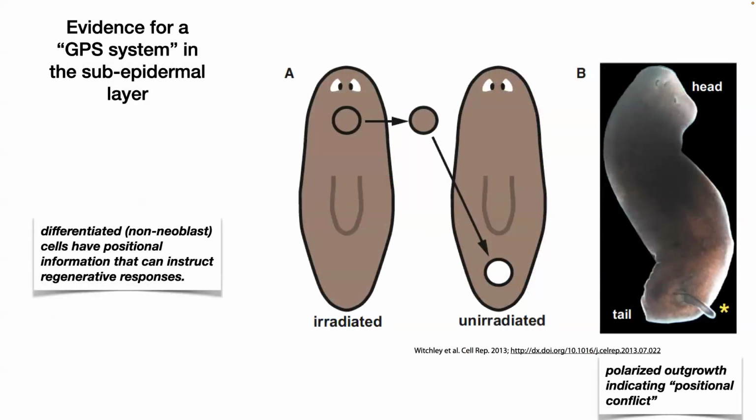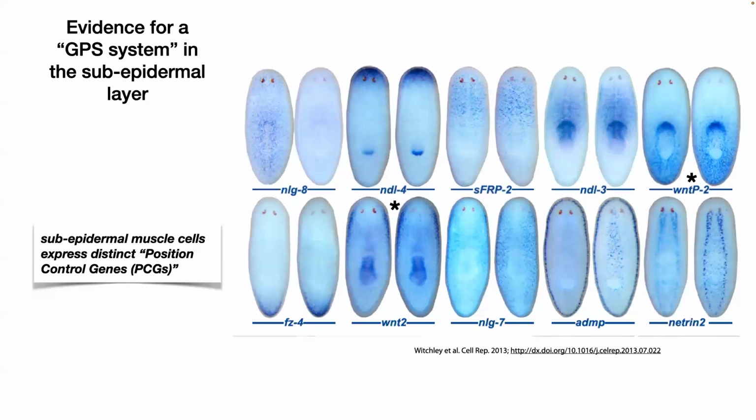And this actually is now shown on that data slide where researchers were screening for secreted factors in the subepidermal layer. And you always see two stainings for each of the gene names depicted, one from the dorsal side, one from the ventral side. And you can appreciate, as you go through these individual couples of images, some of them look symmetrical from dorsal and ventral.